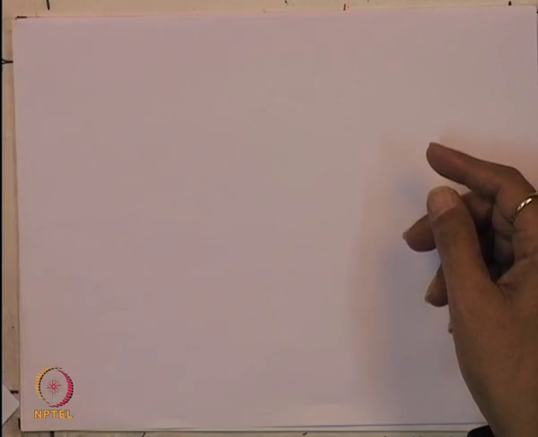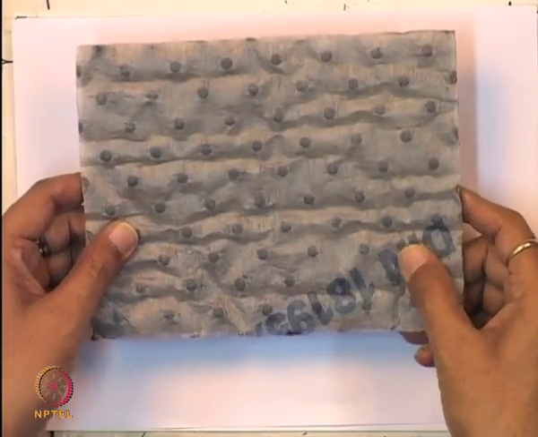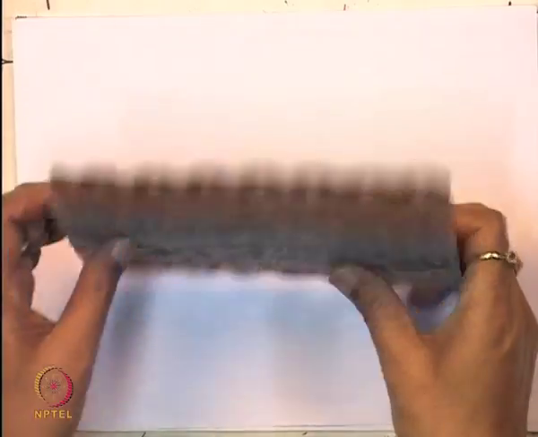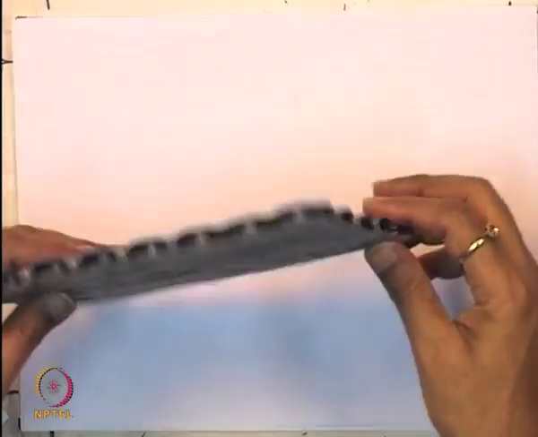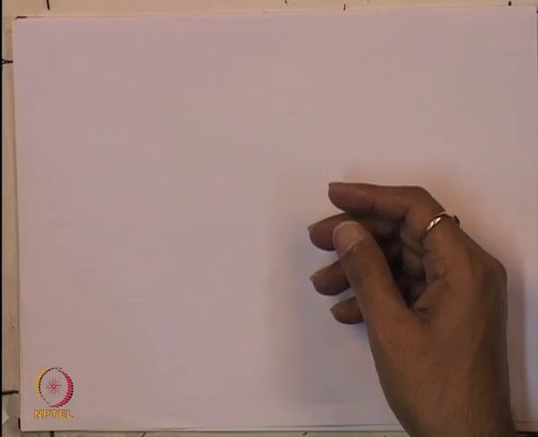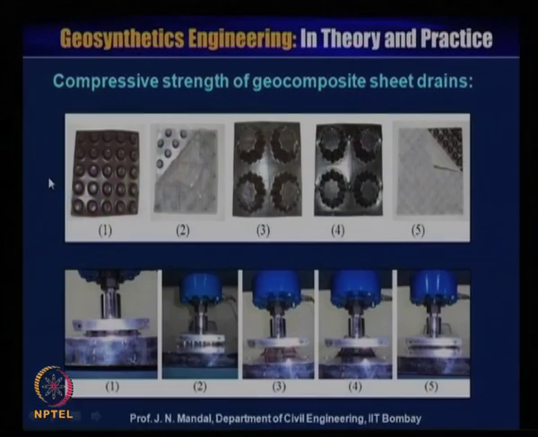There are a variety of geocomposite sheets. This is also laminated with geotextile on one side and the other side. So these are the different types of material, and the compressive strength of the geocomposite sheet drain has been tested.